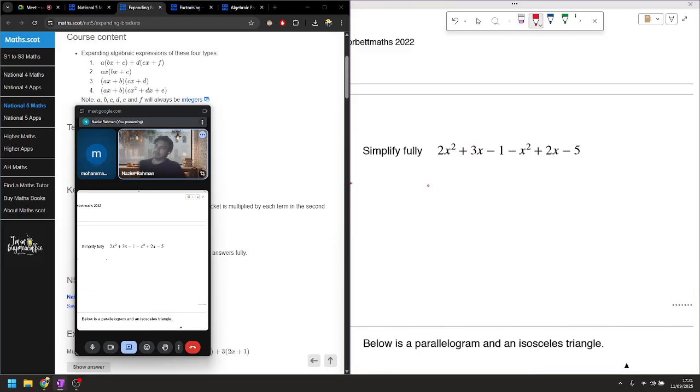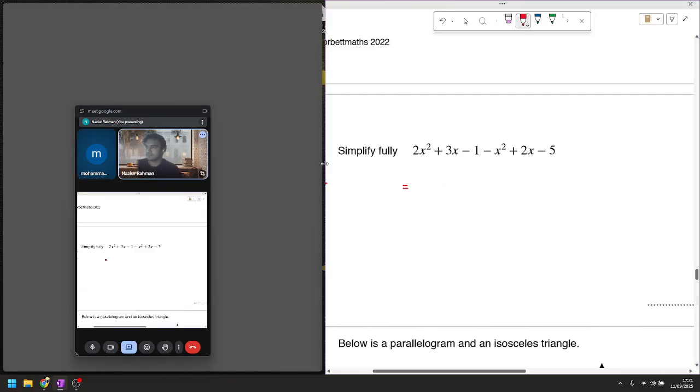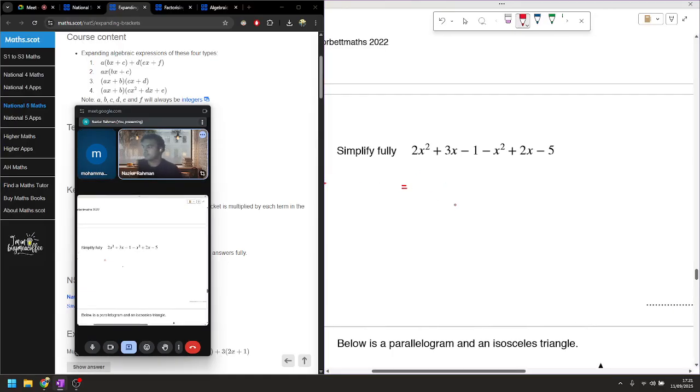So can you very carefully and slowly simplify this? Positive 1x squared.